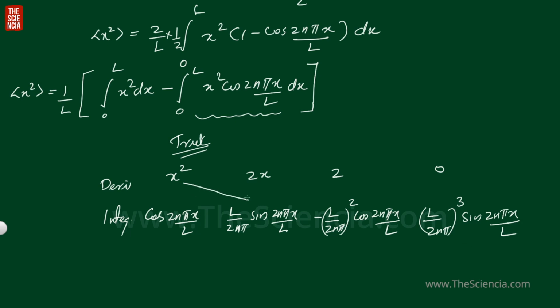So for the first term we take plus sign, for the second term we take minus sign, and for the third term we again take the plus sign.